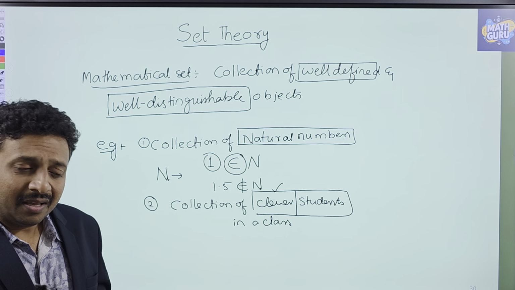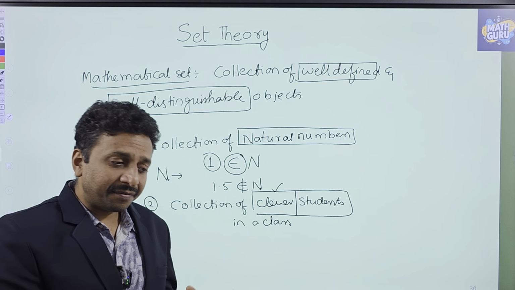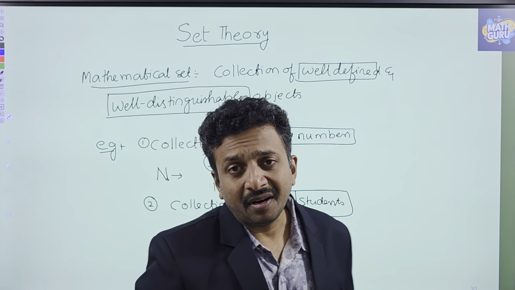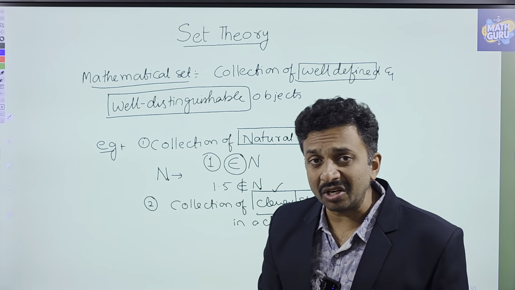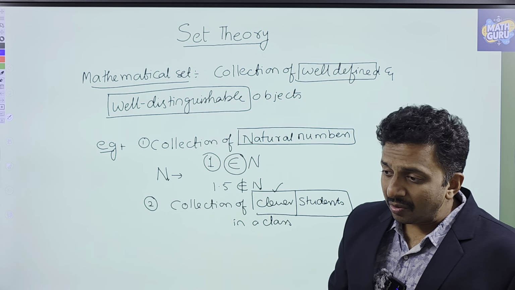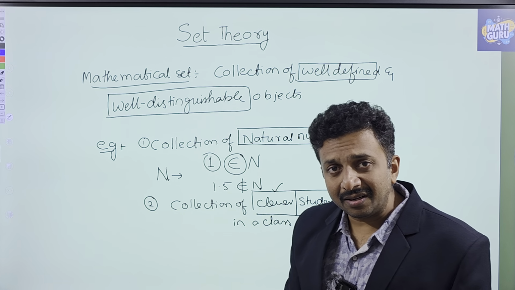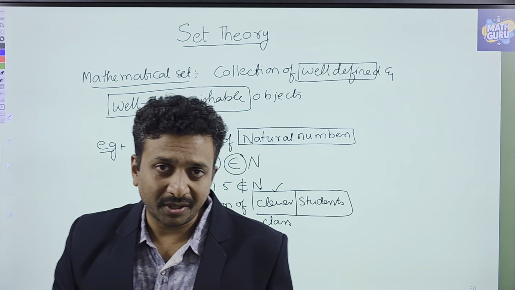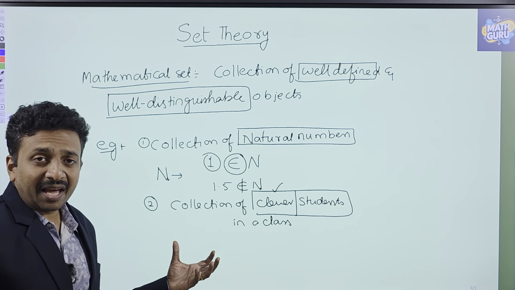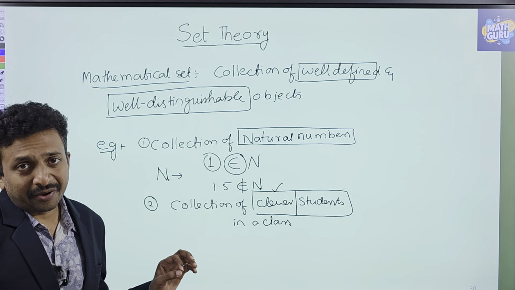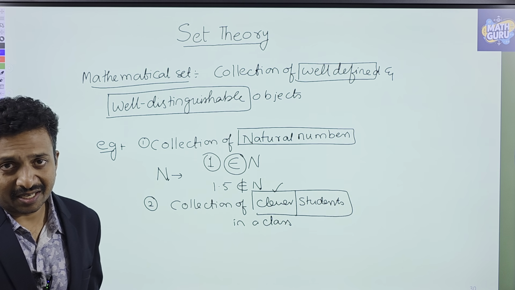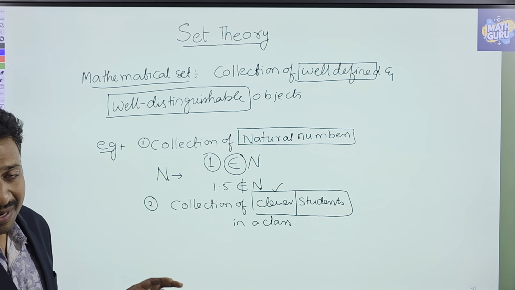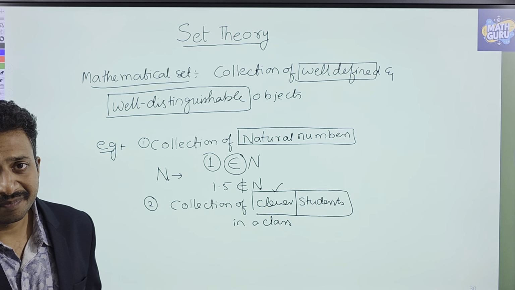If I take a student, some students may think that he is clever and some may think that he is not clever. So whether a boy is clever or not is a subjective opinion rather than a mathematical truth. So the collection of clever students in a class is not a mathematical set. You can think of it as a collection, but it is not well defined.